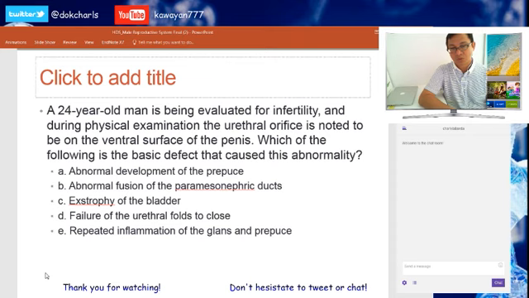So this abnormality is caused by what defect? You have your choices. You can take a guess at it. And while you're thinking, let's take a pause and we'll go back after a few minutes.